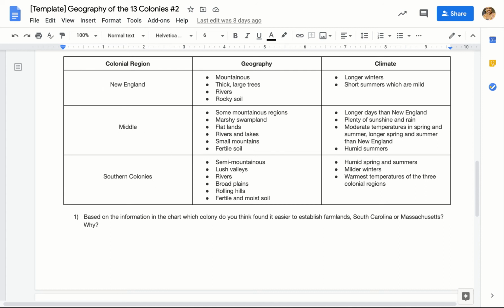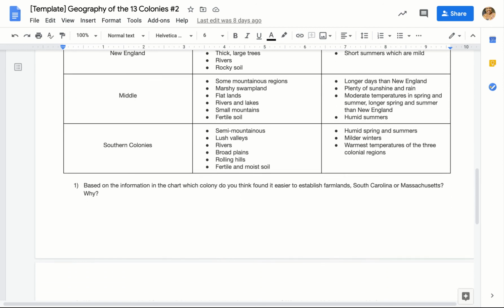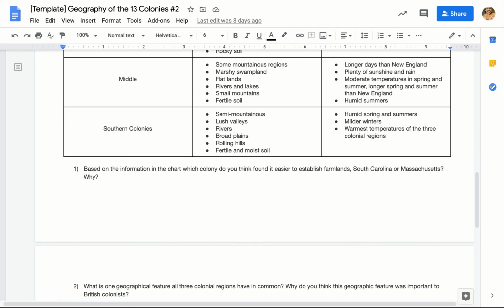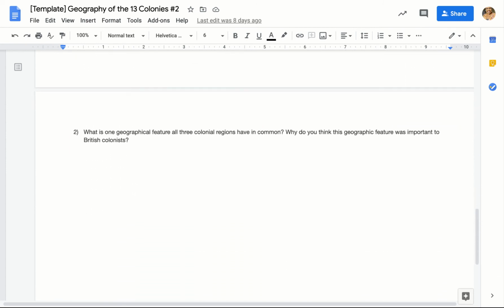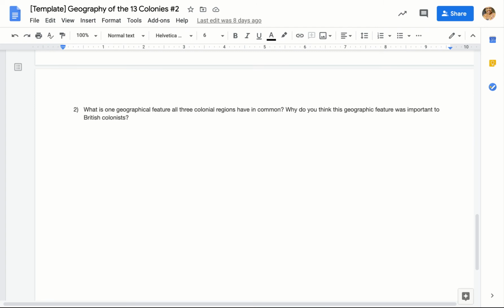So you're going to need to know, is South Carolina and New England middle or southern? And same thing for Massachusetts, in order to be able to actually effectively answer the question and do a good bit of analysis.